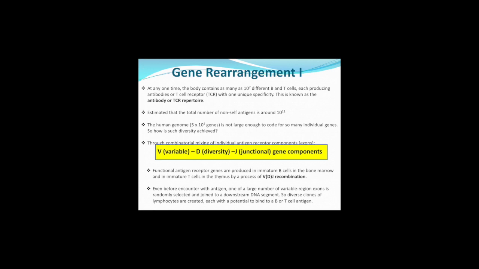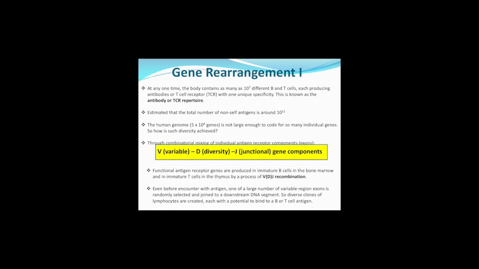If you thought of one gene, one protein, in other words, if we had individual genes which coded for one unique B cell with one unique receptor, then it would mean that 60% of our genome would be dedicated to just making antibodies or T cell receptors, which is highly inefficient.